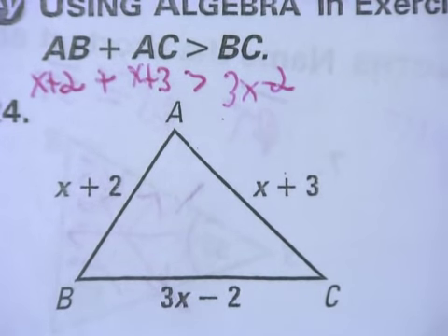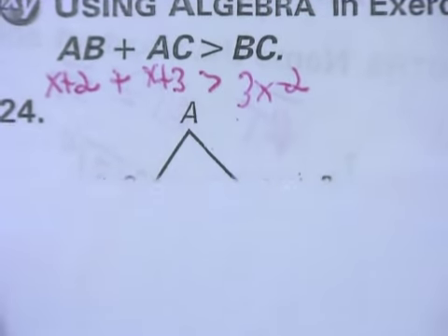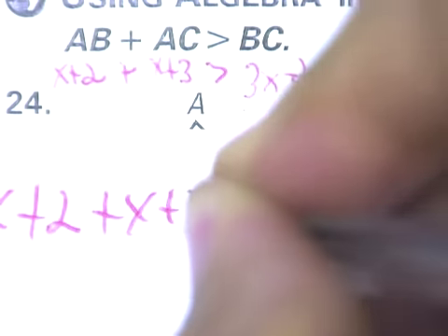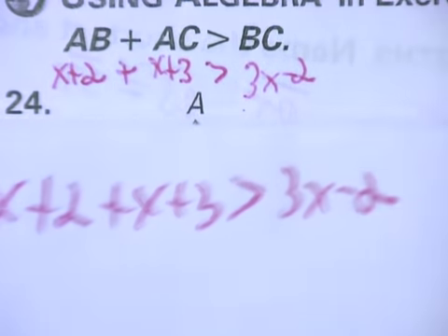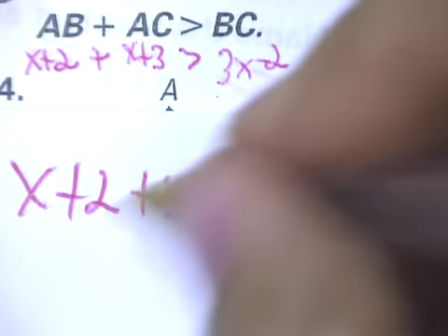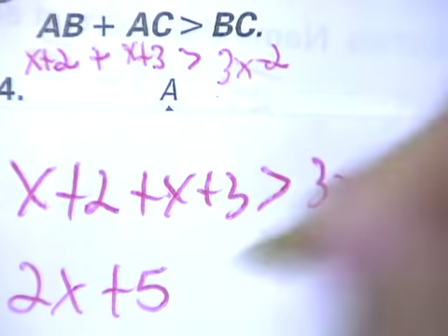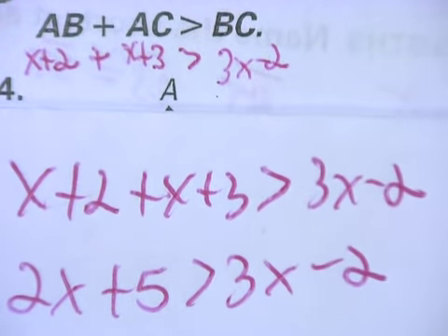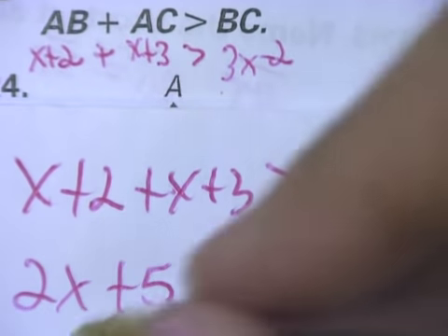And that's going to be greater than segment BC, which is 3x minus 2. So all I need to do here is a little algebra. X plus 2 plus x plus 3 is greater than 3x minus 2.